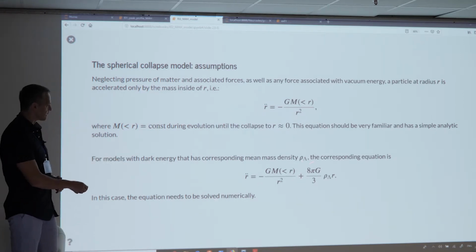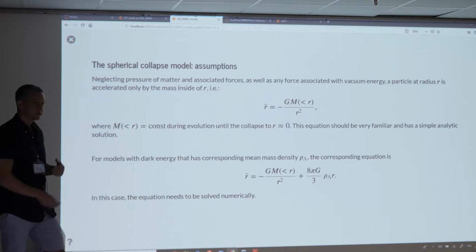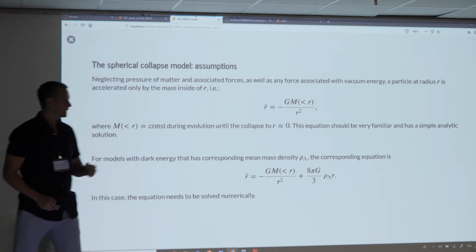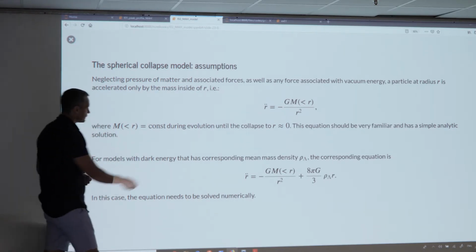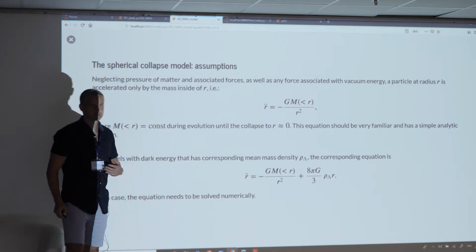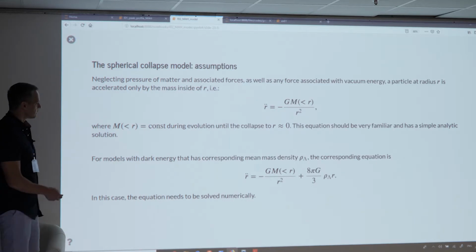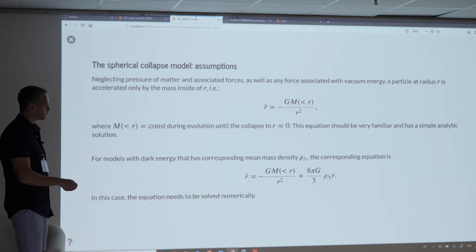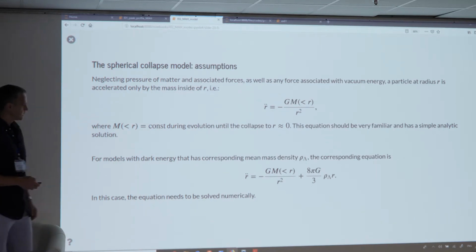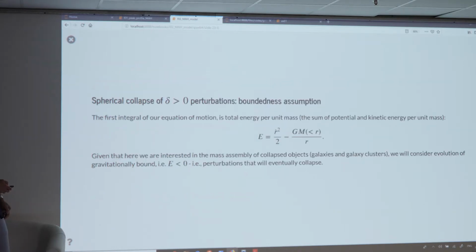It first is slowed down by gravity because gravity's negative term dominates, and at the moment when dark energy starts to win over, it accelerates. It creates a positive acceleration. The equation without lambda can be solved analytically, of course, because we know it from basic mechanics. This equation in general cannot be solved analytically, but can be solved numerically. It's a simple differential equation.